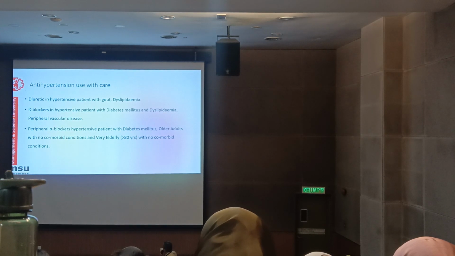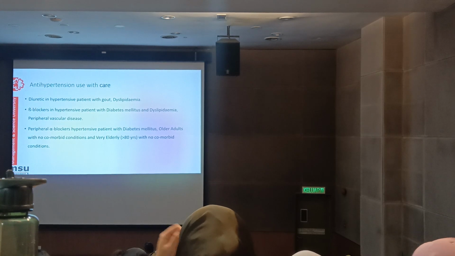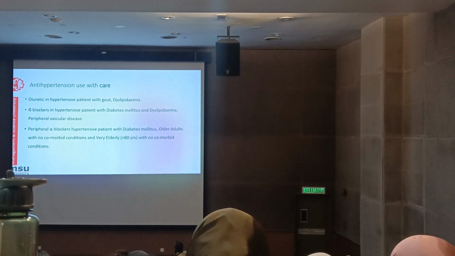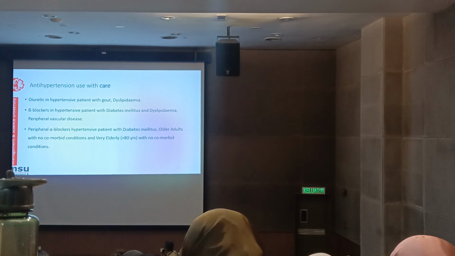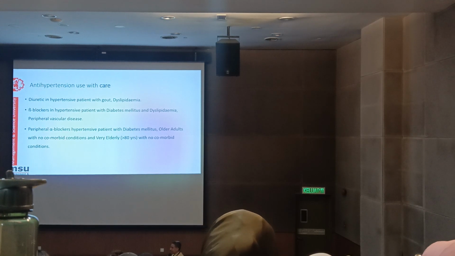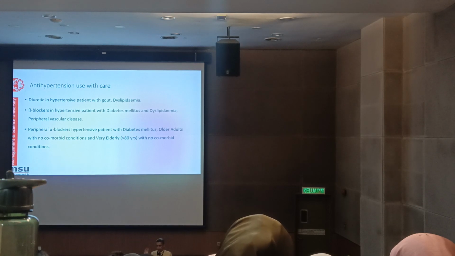Second point, alpha blocker in hypertensive patients with diabetes mellitus. Also, we use it in all adults with no comorbidity and very elderly with no comorbidity condition. I don't have any idea why alpha blocker can also be used, but from my knowledge, I'm not sure about this point, but just keep it in your mind.